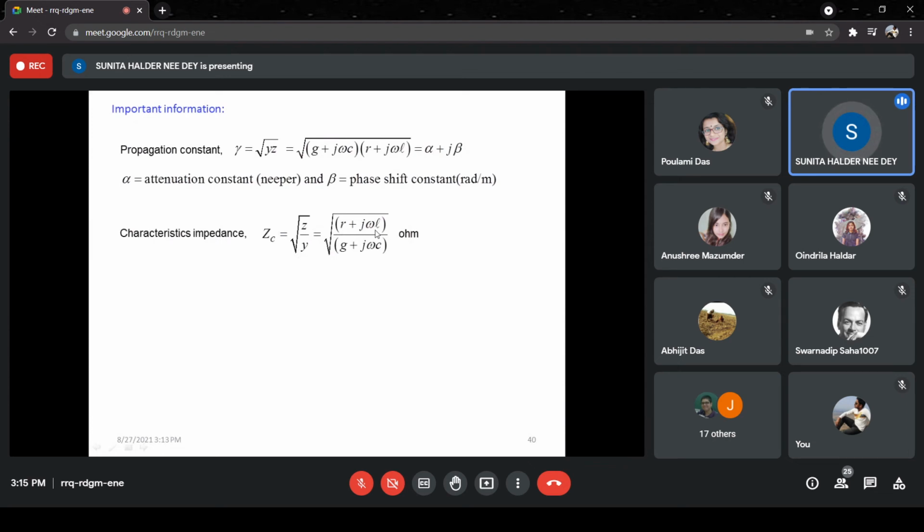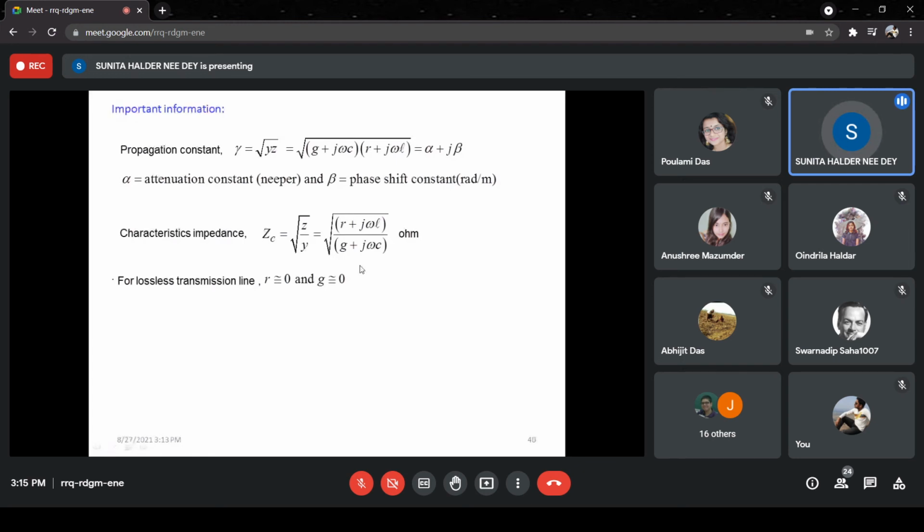Now there is one term, lossless. If the loss is 1 watt, then obviously the loss is negligible as compared to the power transfer.